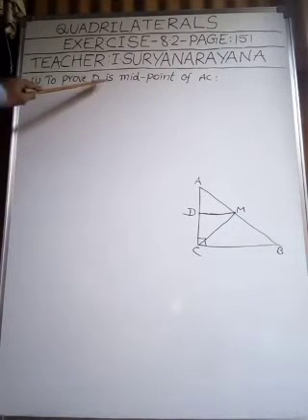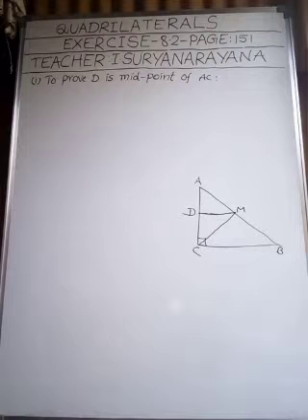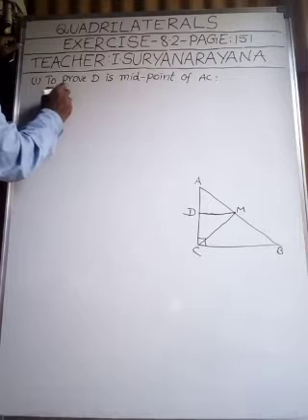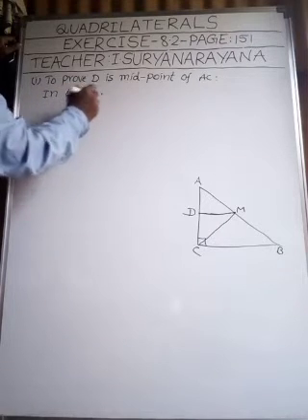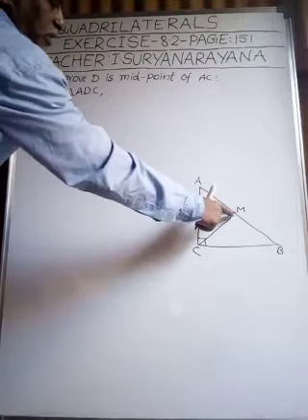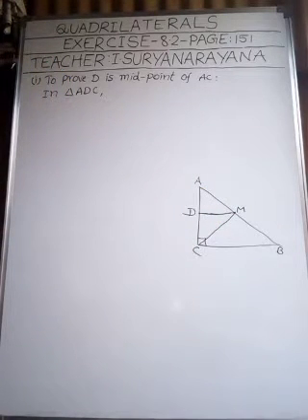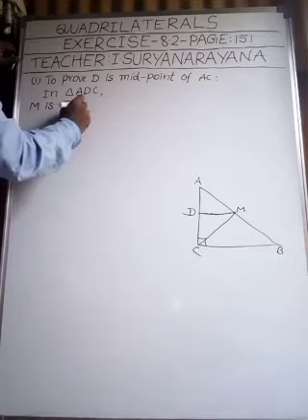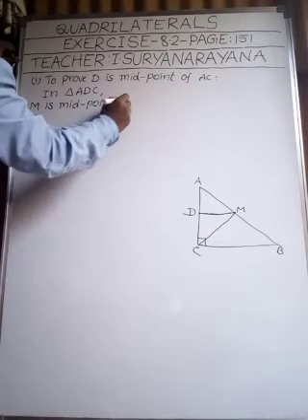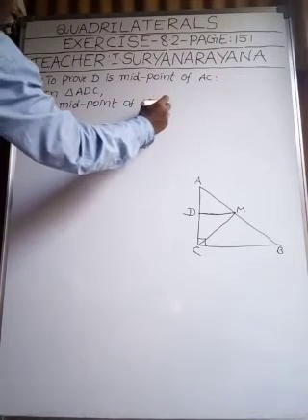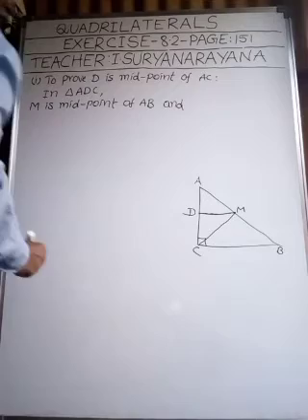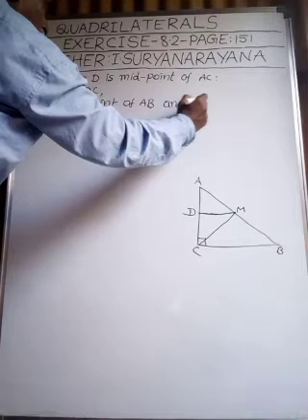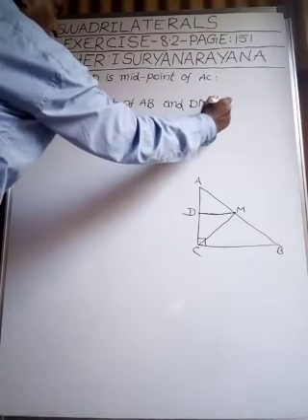To prove D is a midpoint of AC. In triangle ADC, what is given? M is a midpoint of AB, and DM is parallel to BC.